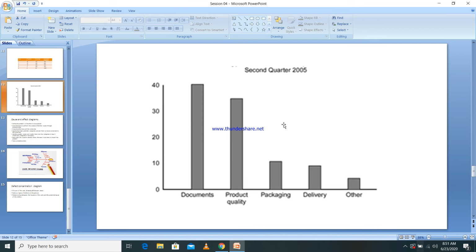For example, if documentation is more important than delivery, or if delivery is more important than documentation, we can't say that documentation is a major cause if delivery is more important. So in that case, when you draw the Pareto diagram, we have to do some modification.